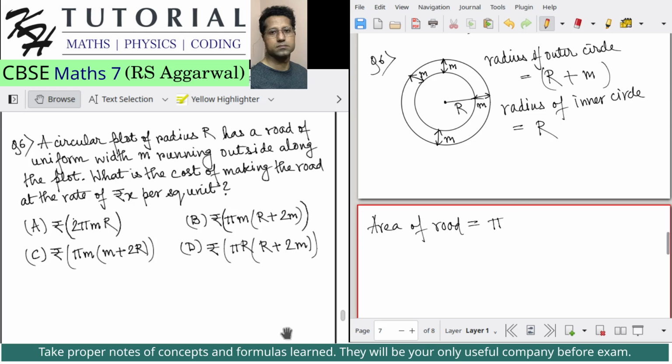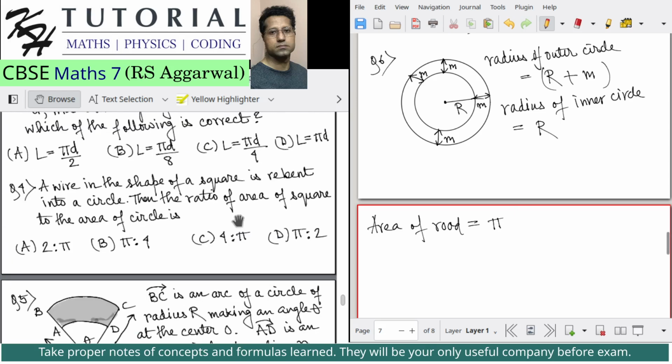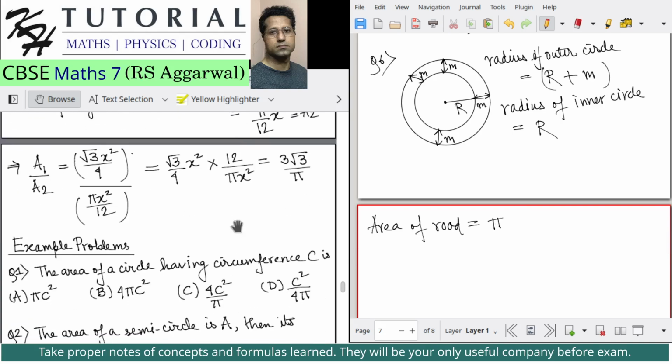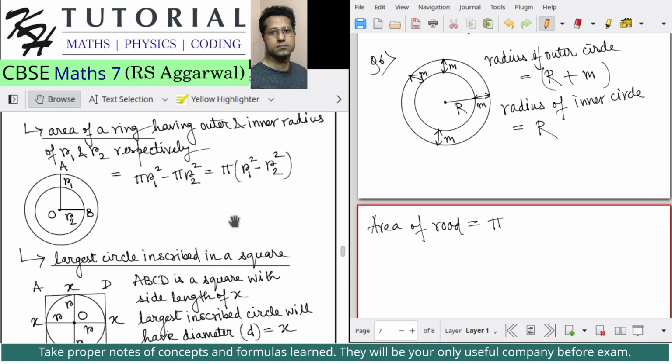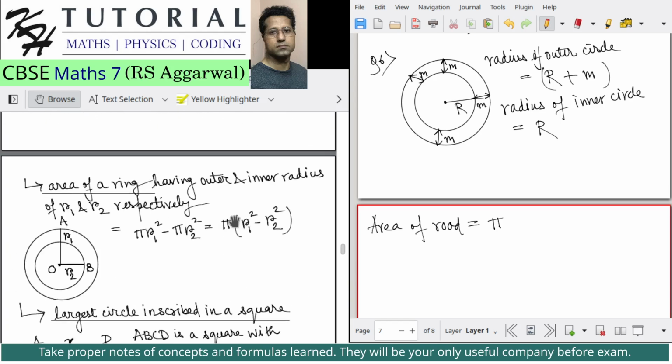The formula was, we know, pi into R1 square minus R2 square, where R1 is the radius of the outer ring and R2 is the radius of the inner ring.